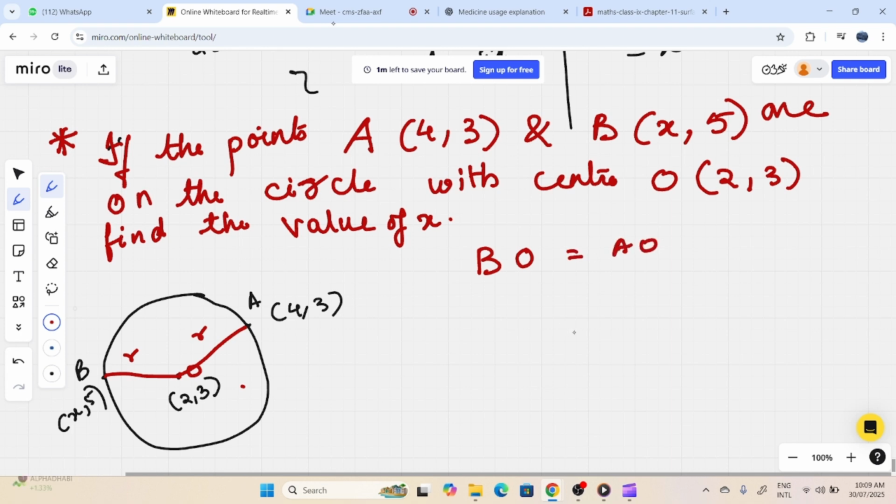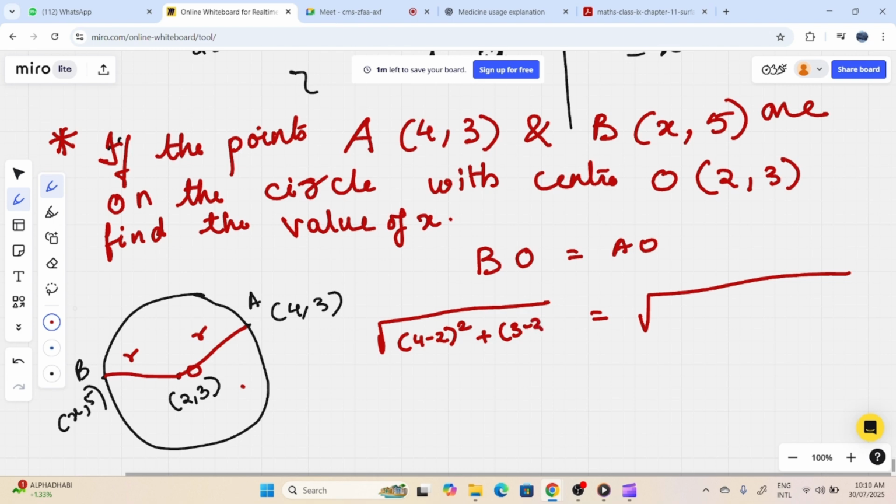If that is the case, when you are substituting your formula, under root something here and under root something here, which is 4 minus 2 whole square plus 3 minus 3 whole square equal to x minus 2 whole square plus 5 minus 3 whole square.